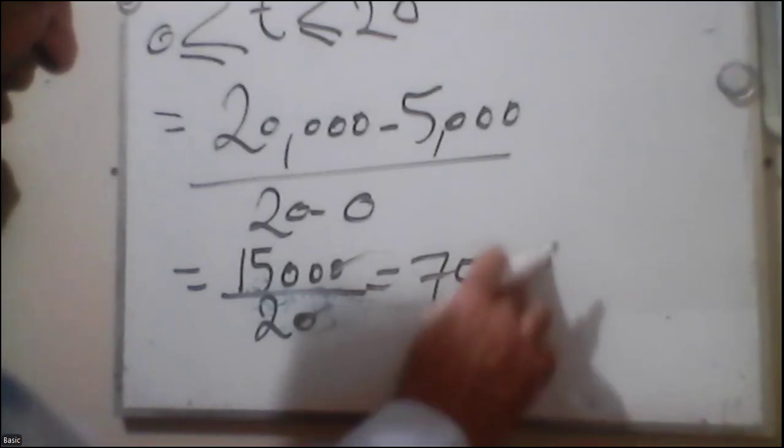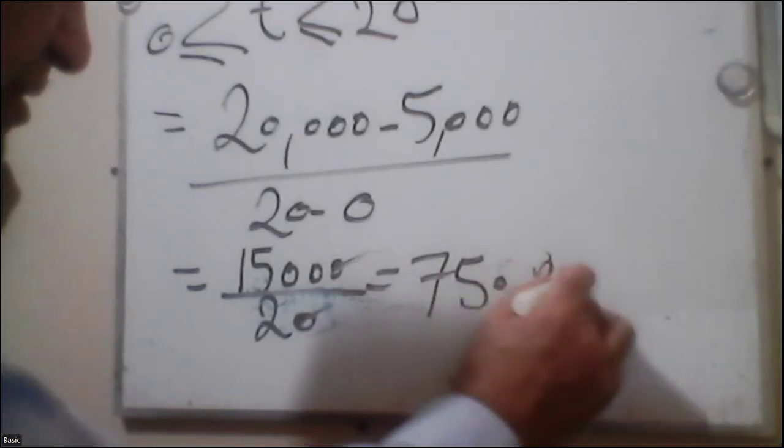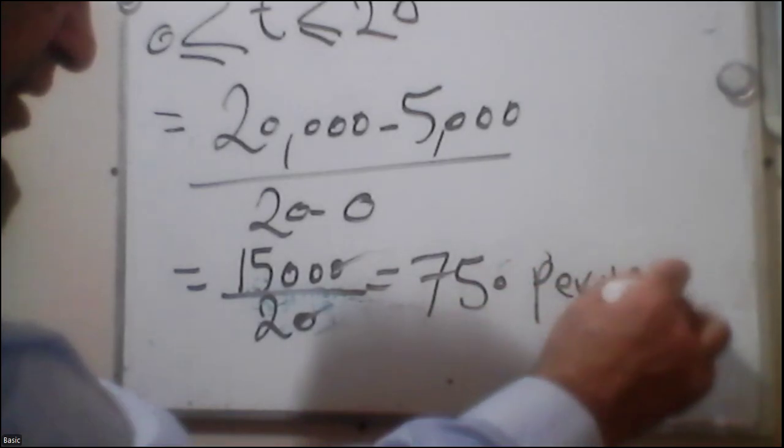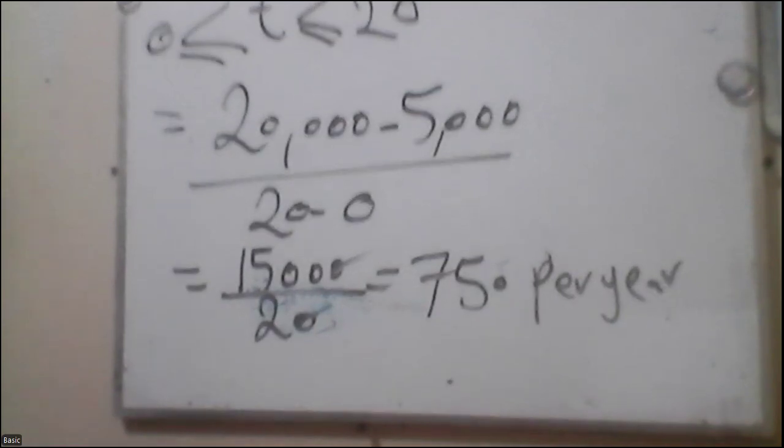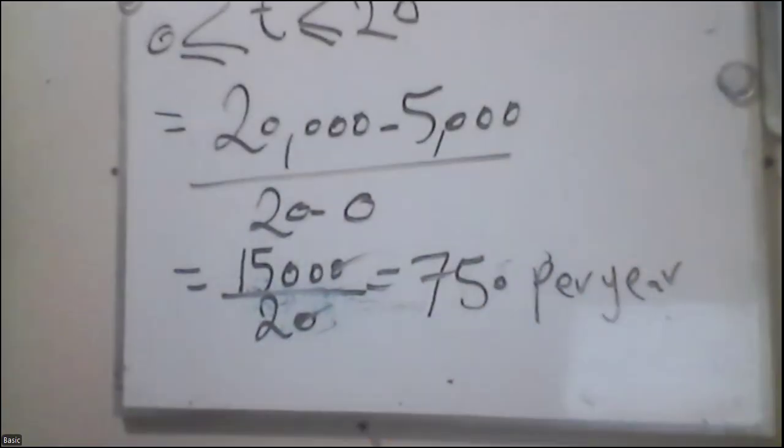So I will have this 750 per year. Means 750 persons had been born in each year. Okay, that is another example in the same idea.